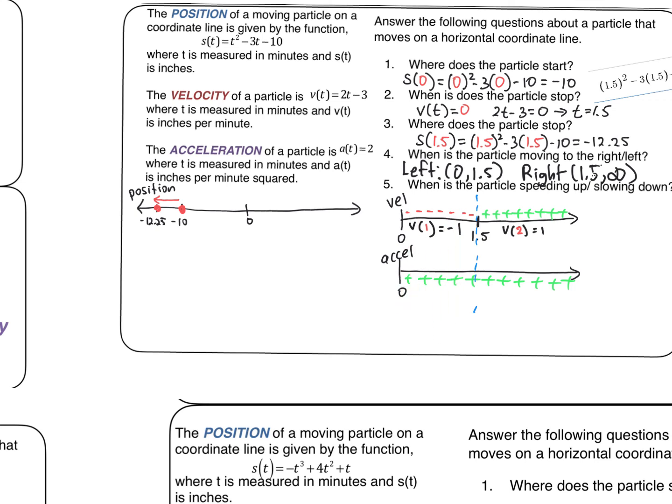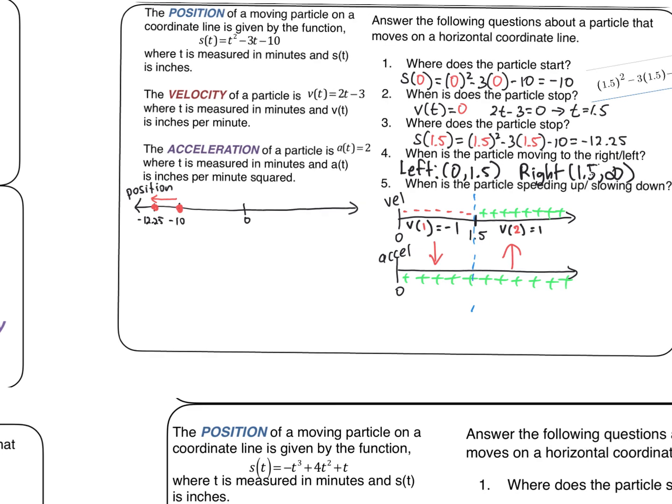Those are competing signs, so I know that the particle is going to be slowing down. However, if I look over here, velocity is positive and acceleration is positive, and so therefore I know that the particle is speeding up. So over those intervals, let's go ahead and answer the question.